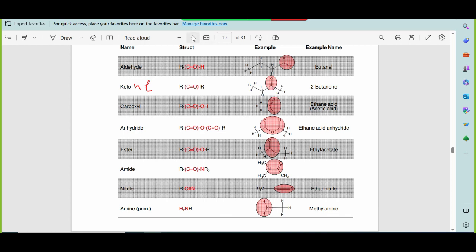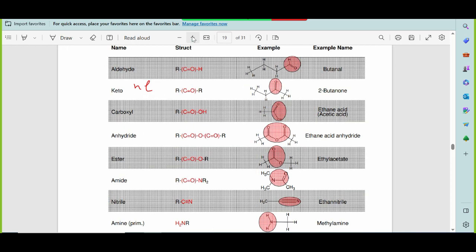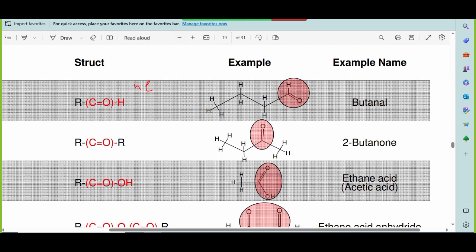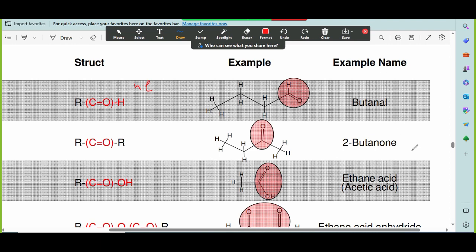We have 4 carbons, and the functional group, which is the carbonyl or the keto, is on the second carbon. We can count 1, 2, 3, 4 or 1, 2, 3, 4 normally.